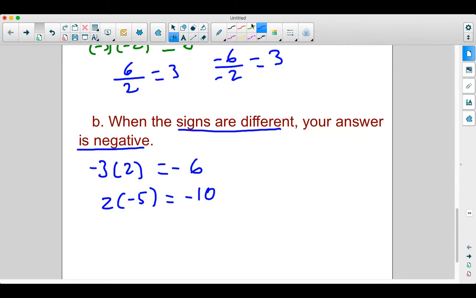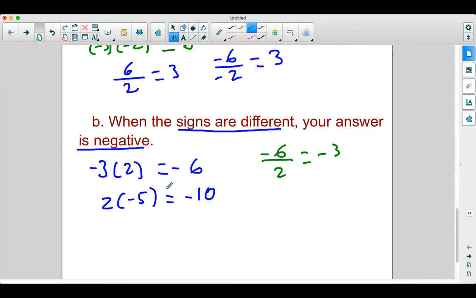If I'm doing division, if I have negative 6 divided by positive 2, the signs are different, so my answer is negative. Normally, when we are writing a fraction, we don't put a negative in the denominator.